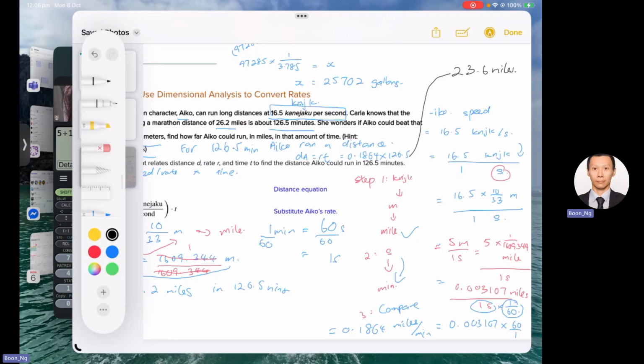And the record is 26.2 miles. So in the same amount of time, 126.5 minutes, Aiko could actually run only 23.6 miles. So Aiko did not break the record.